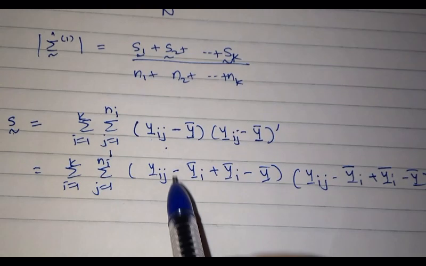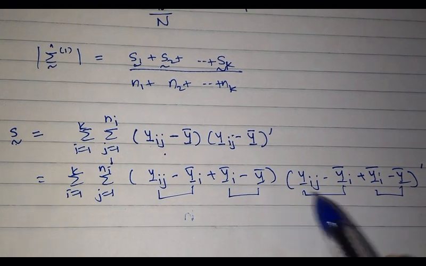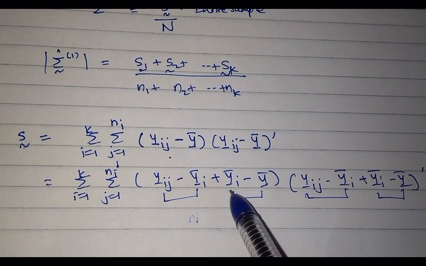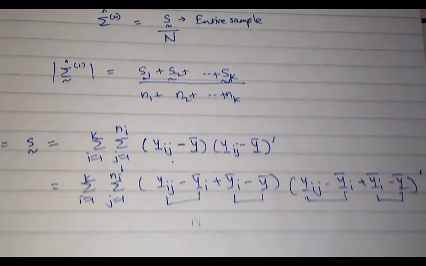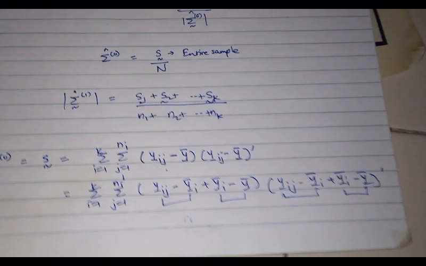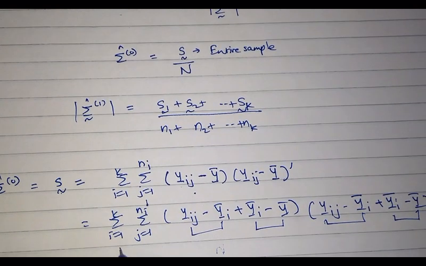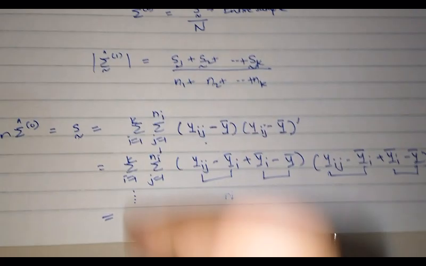We have done this many times. We will treat this as first term, second term, third term, fourth term. The cross terms with Yi bar minus Y bar become 0, because the sum of deviations from the mean is zero. So if you simplify this, it's just trivial arithmetic.